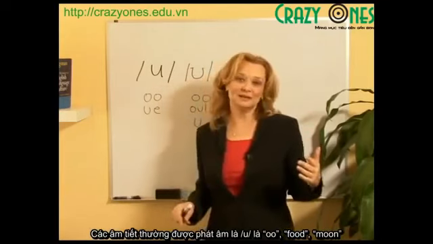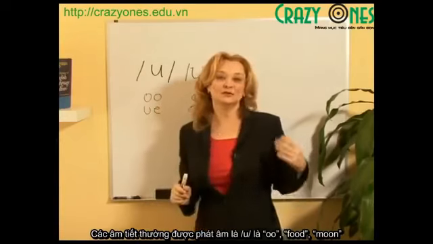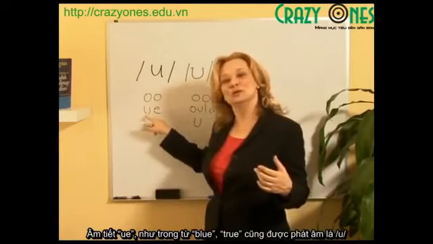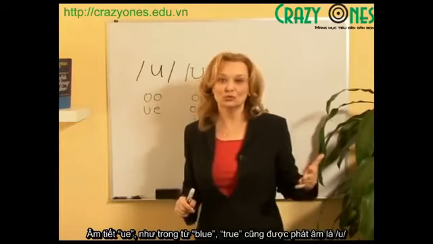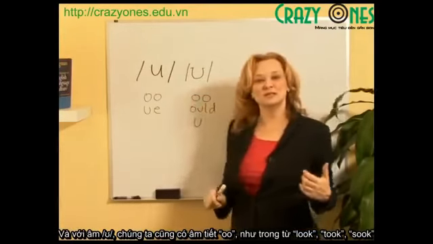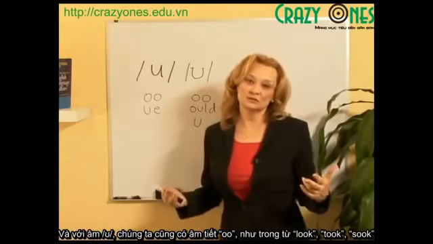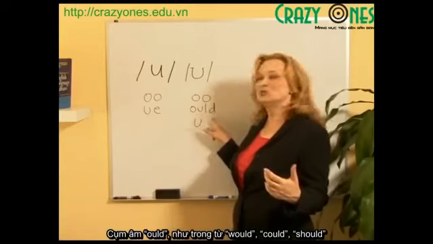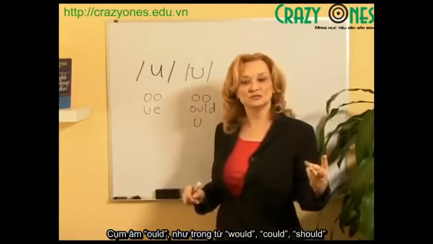The common spelling patterns for the oo are double O, as in food and moon, and a U plus E, as in blue and true. And for the other sound we also have a double O, as in words like look, took, shook. And OULD, as in would, could, should.